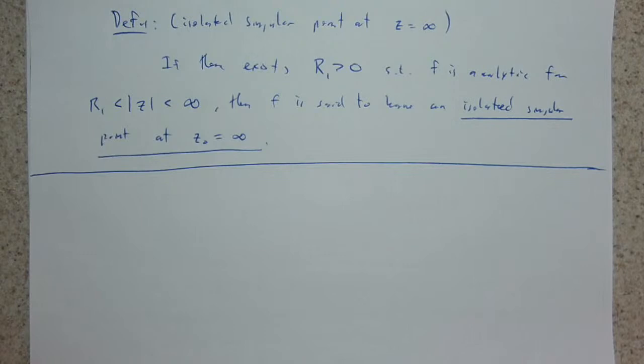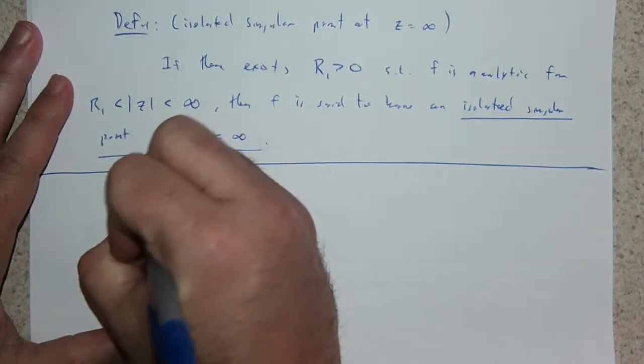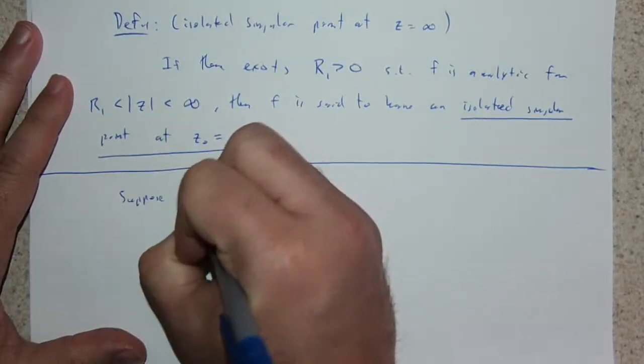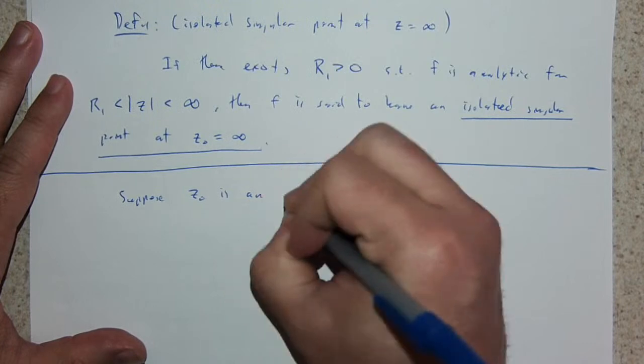Now, our idea is to consider a Laurent series expanded about an isolated singular point for some function f. So suppose z naught is an isolated singular point of f.